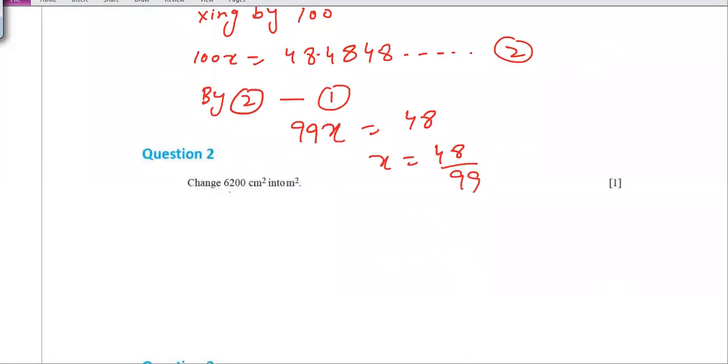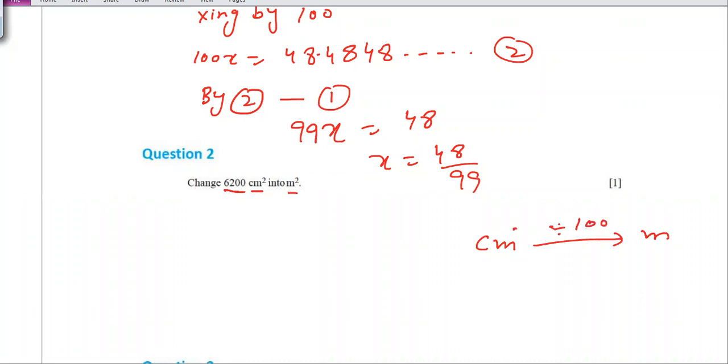Now this one: change 6200 centimeter square into meter square. You are converting a square unit into another square unit. What is the rule? The rule says that to convert centimeter into meter, we divide by 100.